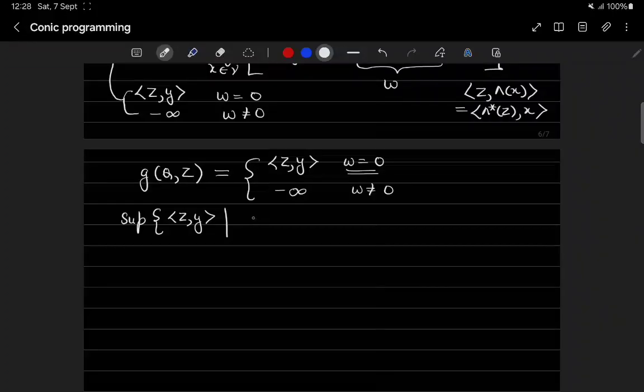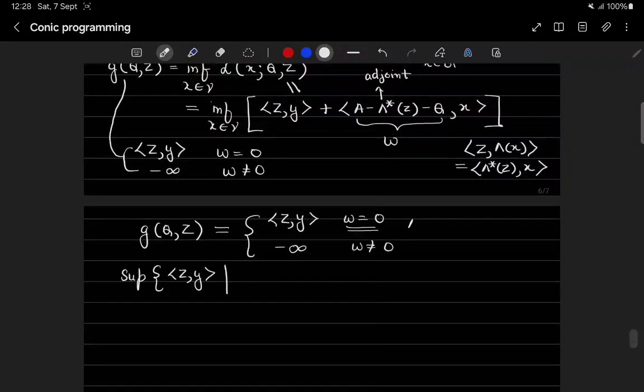So omega equal to 0 is the condition that a minus lambda star z equal to q, which belongs to k star, the separating hyperplane. So this means it is subjected to the condition that a minus lambda star of z belongs to k star.